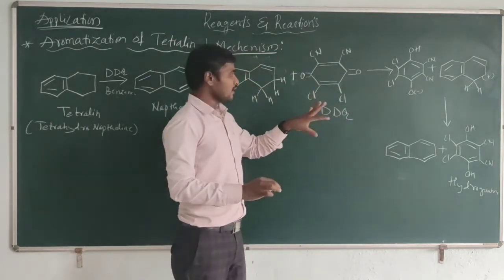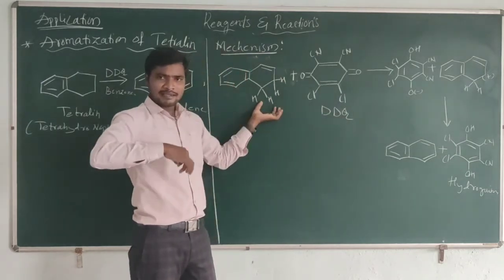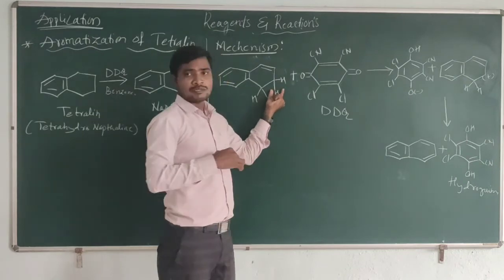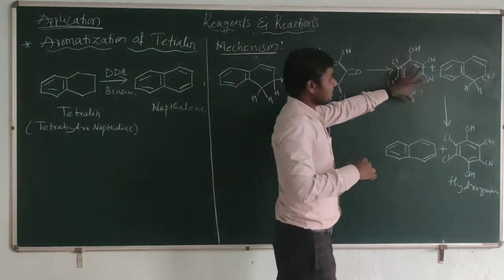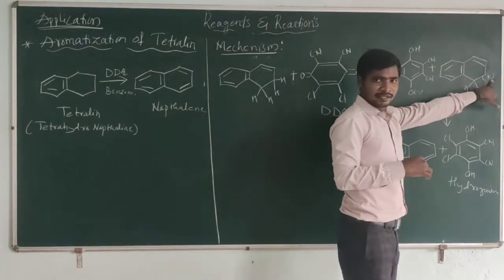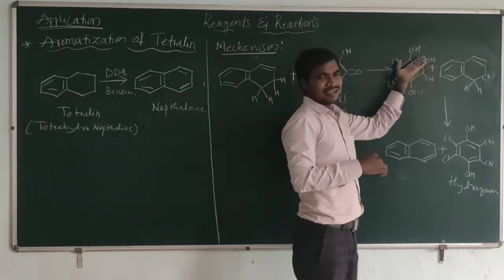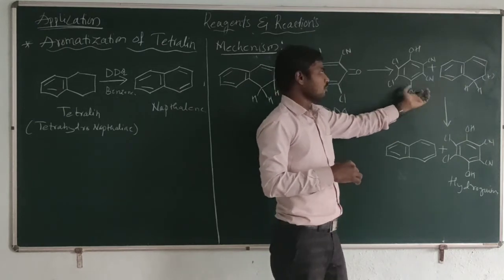The same process follows: DDQ acts as a hydride ion acceptor, which means the hydride ion transfer takes place from this reactant molecule to DDQ. That gives a carbocation and the oxygen anion complex molecule.